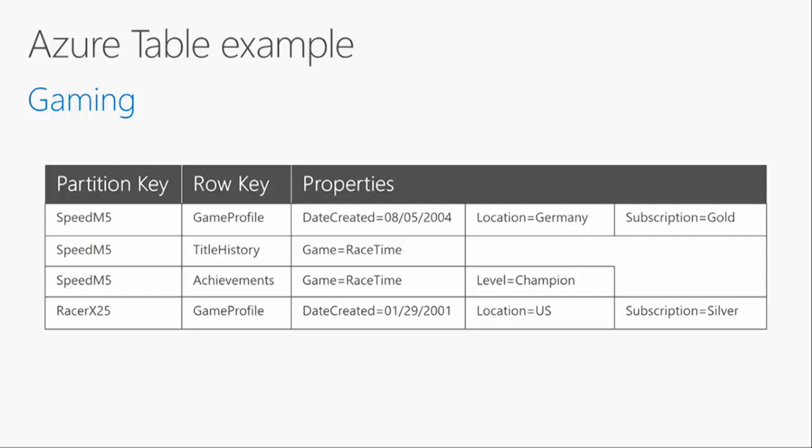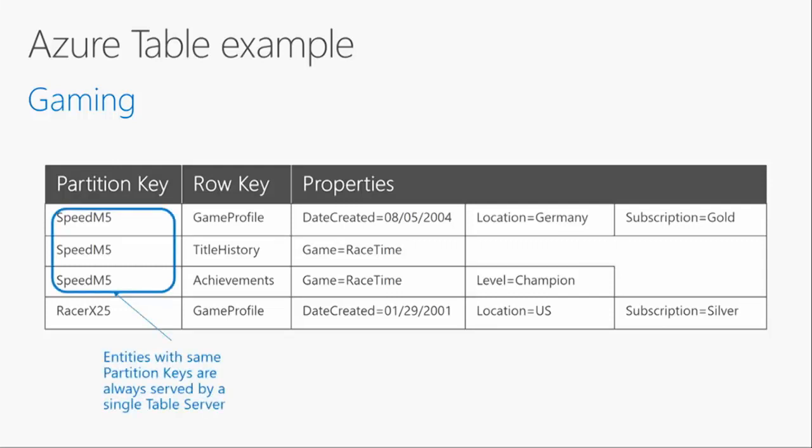Now each entity has a partition key and a row key. This key combination is what we use to create the clustered index for the table and also enables us to do very fast point lookup queries. Now entities within the same partition all share the same partition key value.